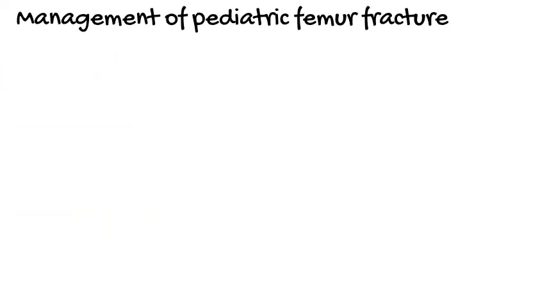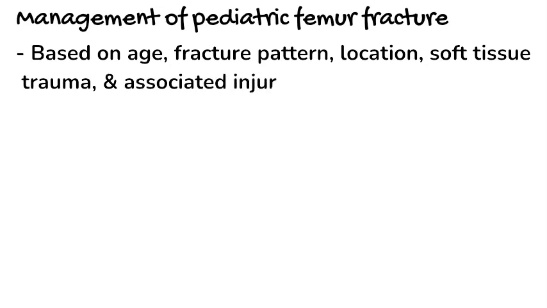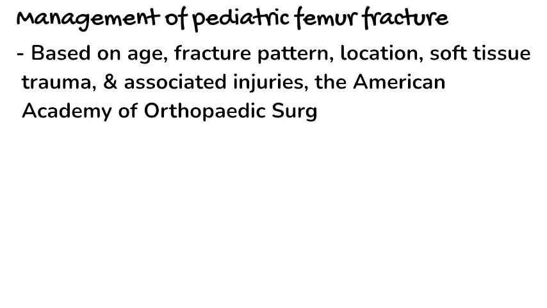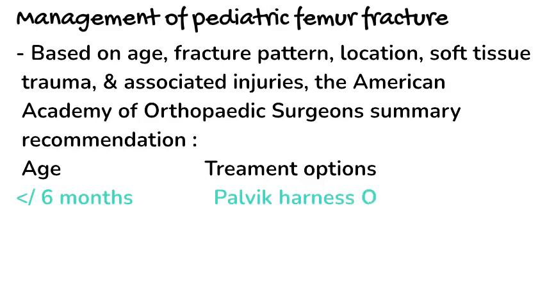Regarding management of pediatric femur fracture, based on age, fracture pattern, location, soft tissue trauma, and other associated injuries, the American Academy of Orthopaedic Surgeons summary recommendation is as follows. Based on age, if less than 6 months, the treatment options include pelvic harness or immediate spica cast.